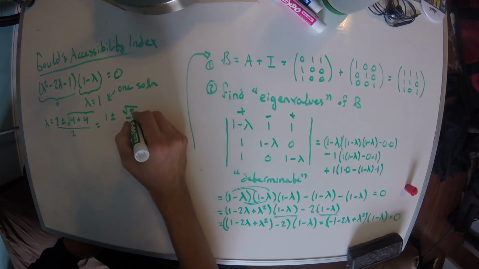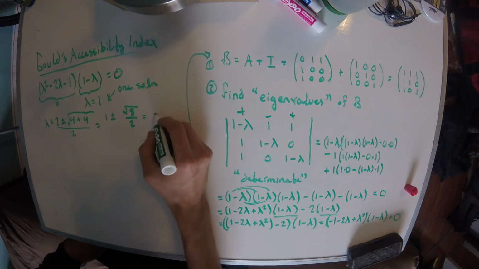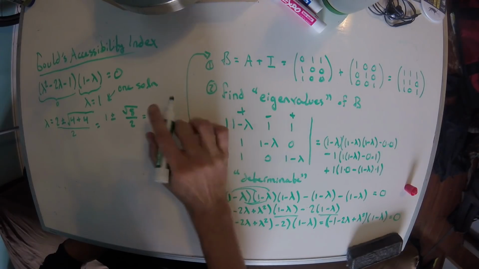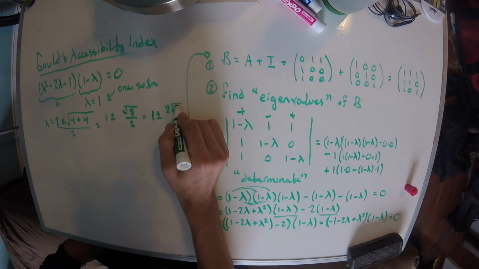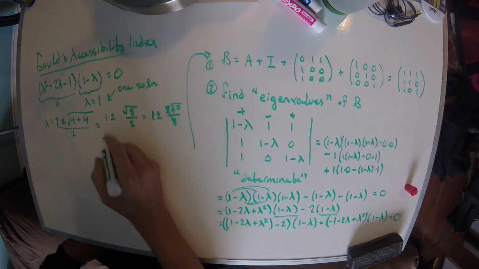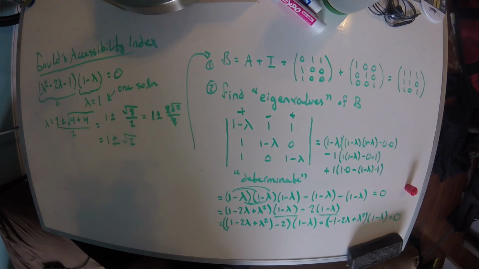The square root of 8 is equal to 2 times the square root of 2. So 1 plus or minus 2 square root of 2 over 2. So our solutions are 1 plus or minus the square root of 2.